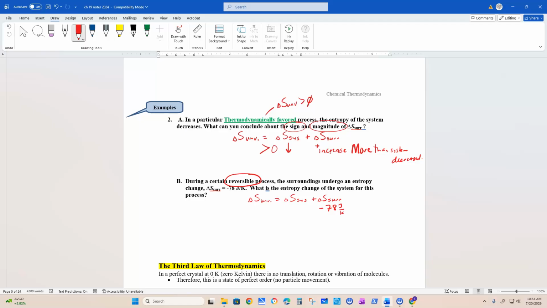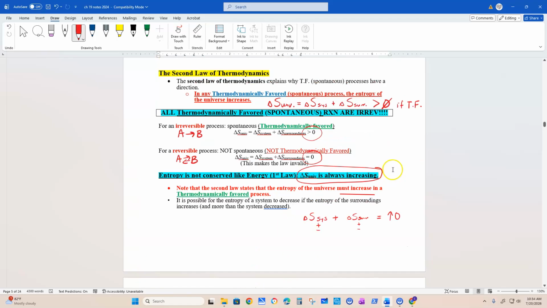Thermodynamically favored means that it's irreversible, which means if it's reversible, it's not thermodynamically favored, which means the delta S of the universe has to equal 0. Not increasing, has to equal 0. So what do you know about the system? Well, for this to equal 0, the system has to be a positive 78 joules over Kelvin. Okay, very simple equation.